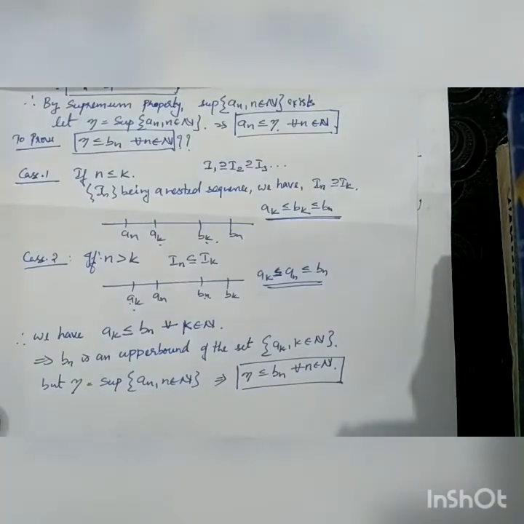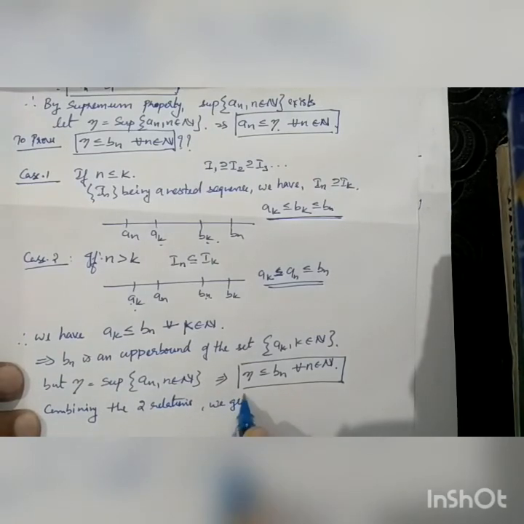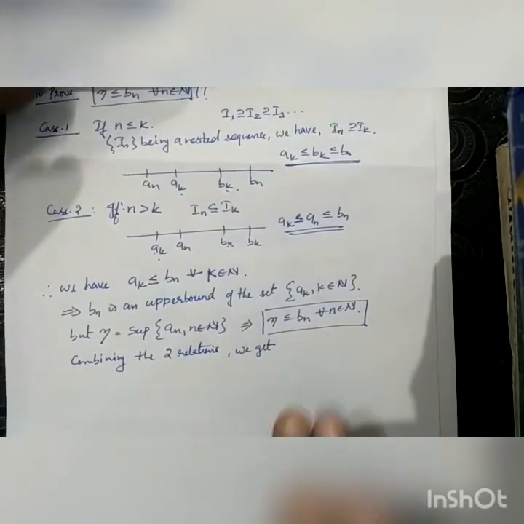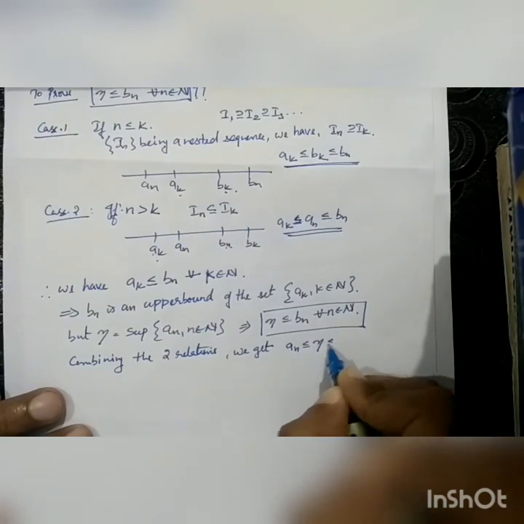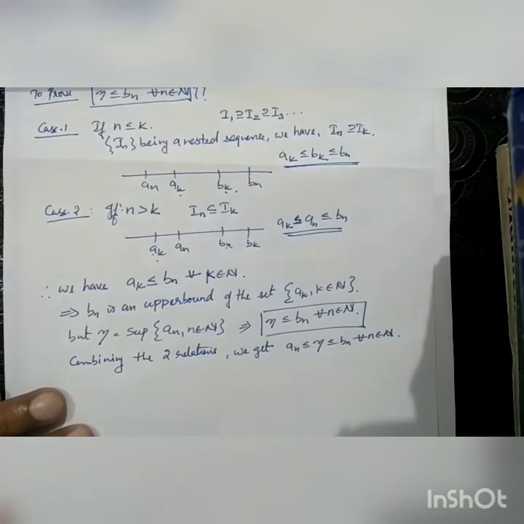So combining the two relations, we get an less than or equal to eta less than or equal to bn for every n belonging to the set of all natural numbers.